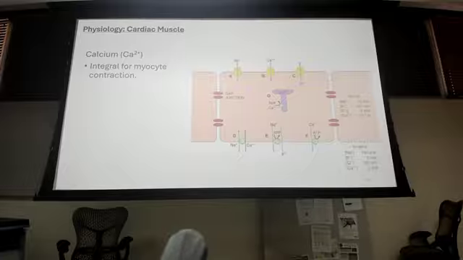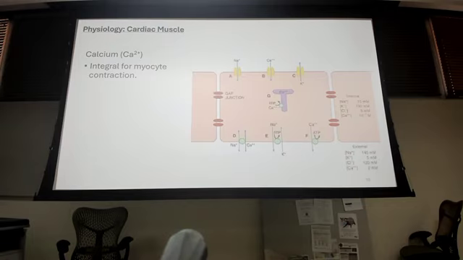Then we also talked about how calcium is actually vitally important for the actual contraction of the muscle. So important that there's the sarcoplasmic reticulum, which is a structure that serves as a reservoir for calcium in order to help with muscle contraction. Okay, so calcium is vital for the function of the heart.